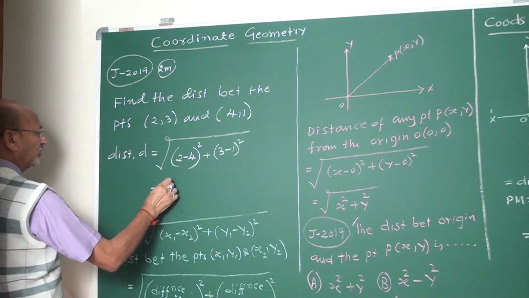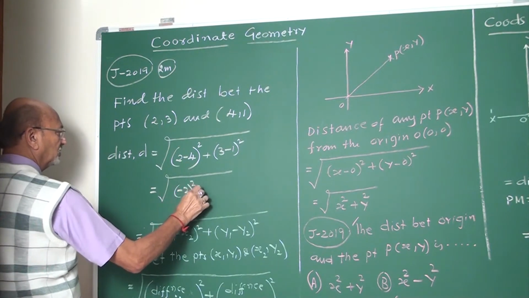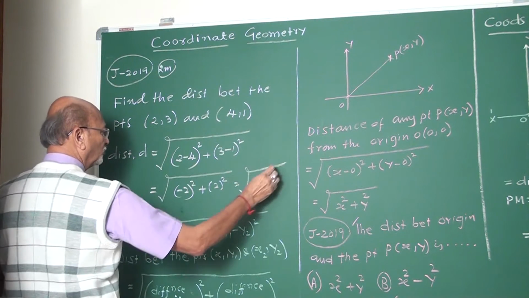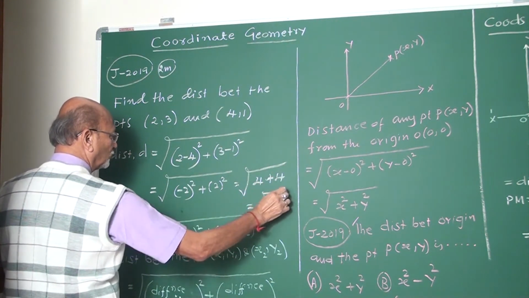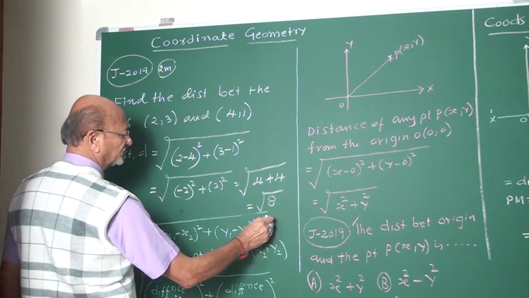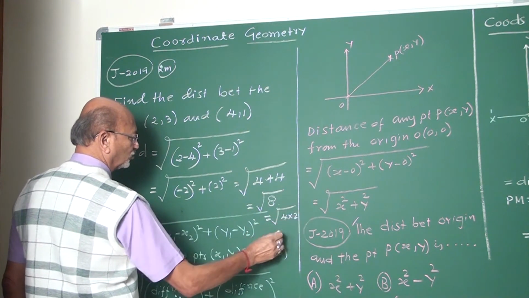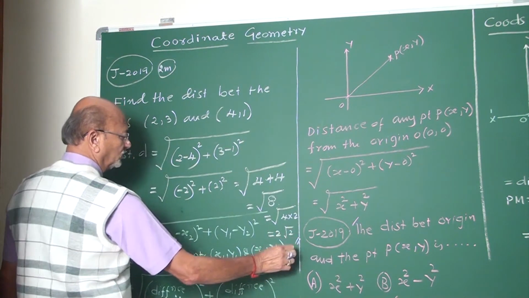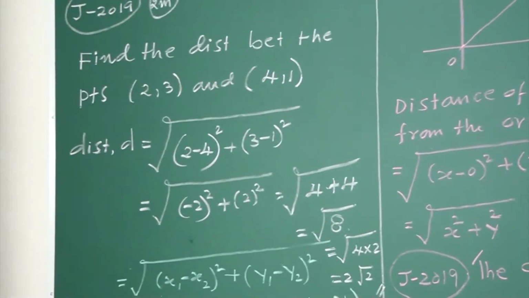Which is square root of (minus 2) the whole square plus 2 the whole square, equal to square root of 4 plus 4, root 8. If you want to simplify this, 8 can be written as 4 into 2, square root of 4 is 2, so 2 into root 2. Very simple examples they ask.